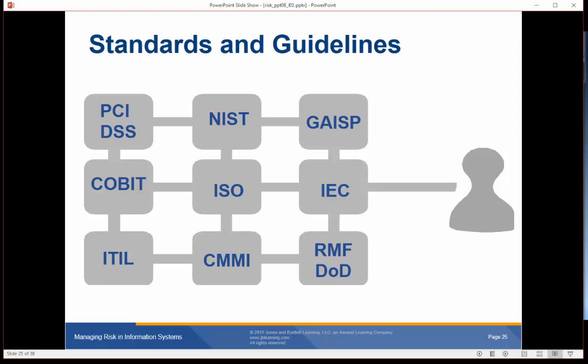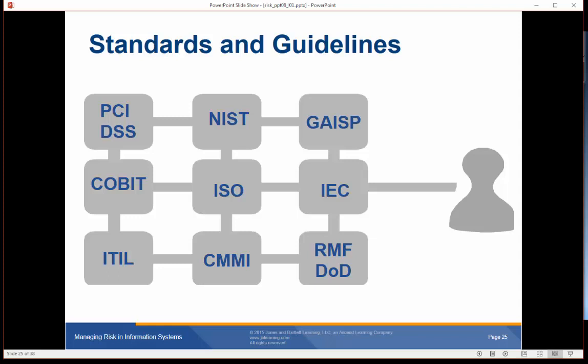You see the NIST, which is the National Institute of Standards and Technology. The GAISP is the Generally Accepted Information Security Principles. COBIT, as you'll see, there are some videos that I put out there beyond the lecture that talk about the COBIT framework, which is basically Control Objectives for Information and Related Technologies. The ISO is the International Organization for Standardization. The IEC is the International Electrotechnical Commission.